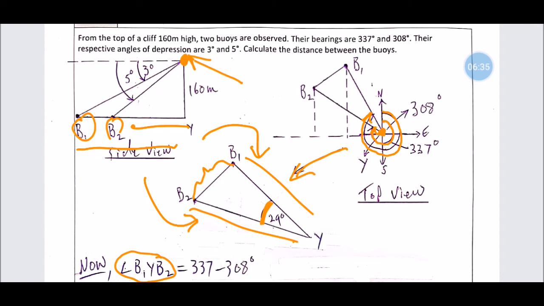We will have an included angle, we will have these two side lengths here, which means that using the cosine rule, we will be able to find this side. All right.